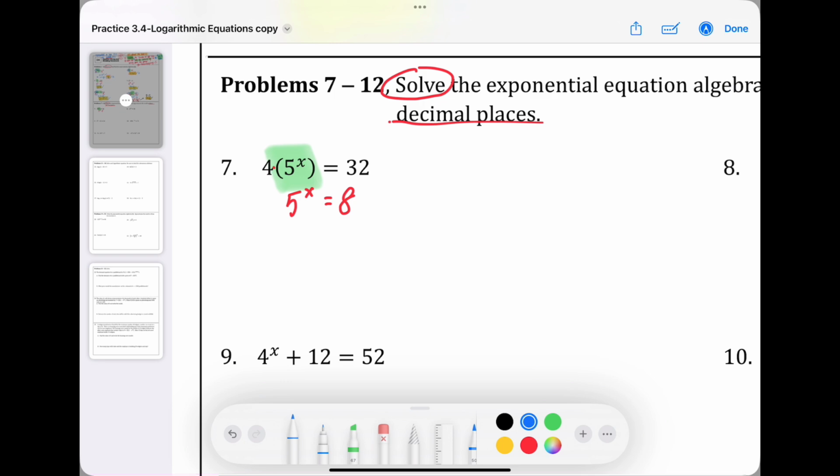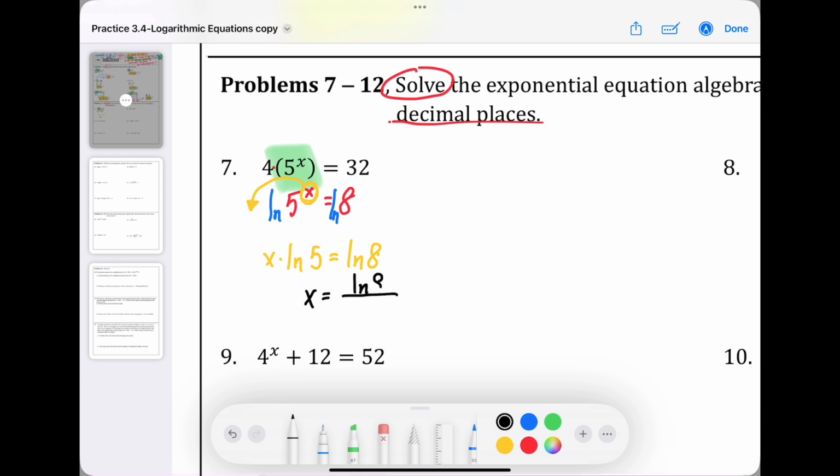Now, because my trouble is an exponential function, I'm going to take the natural log on both sides. Now, recall why? I take the natural log so I can bring the power down. So that gives me x times natural log of 5 is equal to natural log of 8. Now, because I want to figure out x, I need to do the opposite.